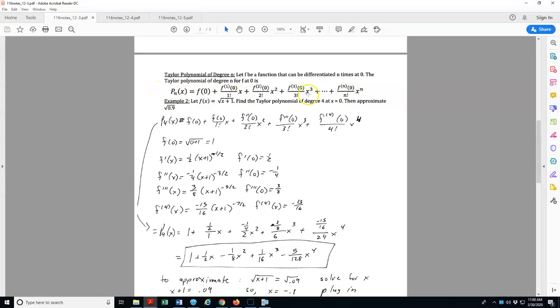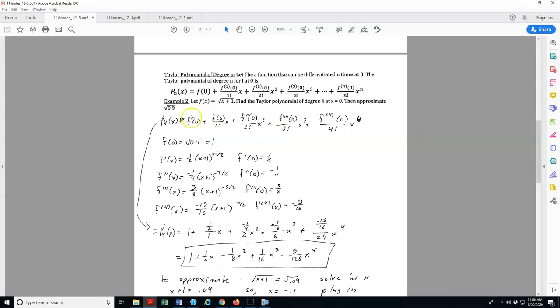Now, this general formula for a Taylor polynomial, I will give you, so you do not need to have it memorized. Again, this little f with this number in parentheses would be that derivative. So this is the second derivative, this is the third derivative, all the way up to the nth derivative. Because these can get quite annoying if you have to go far, we are not going to go above degree 4. In fact, some of the time we might only do degree 3.